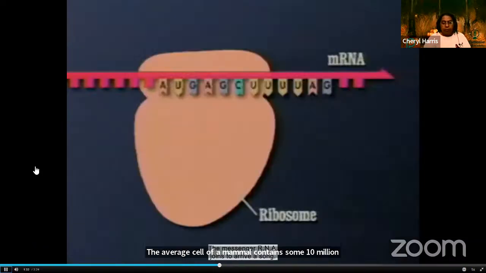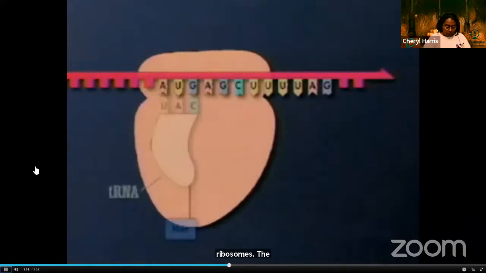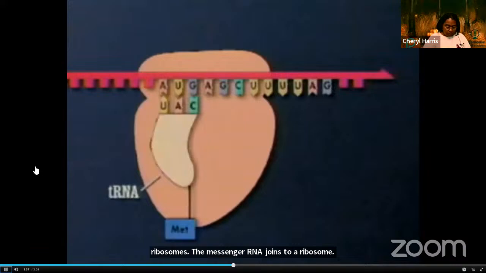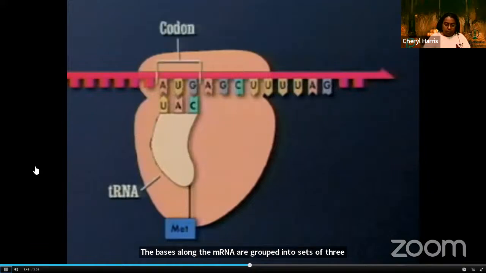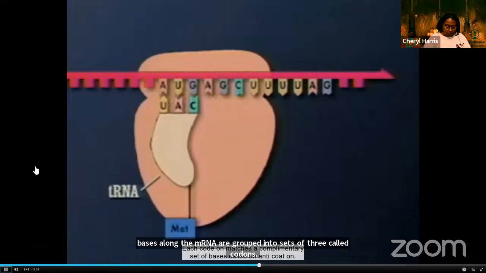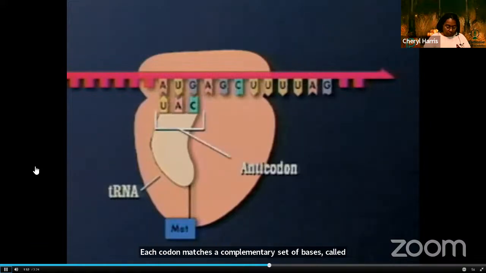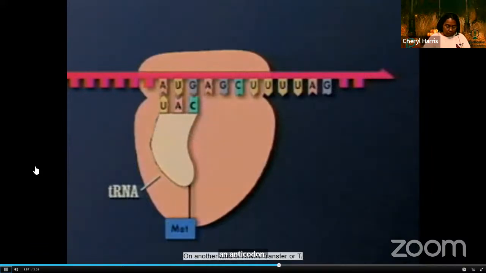The messenger RNA joins to a ribosome. The bases along the mRNA are grouped into sets of 3, called codons. Each codon matches a complementary set of bases, called an anticodon, on another kind of RNA, transfer RNA, or tRNA.